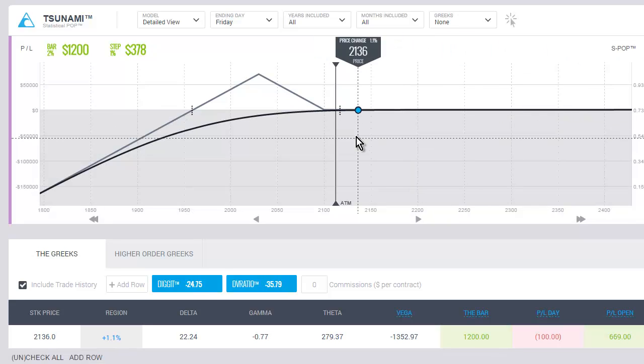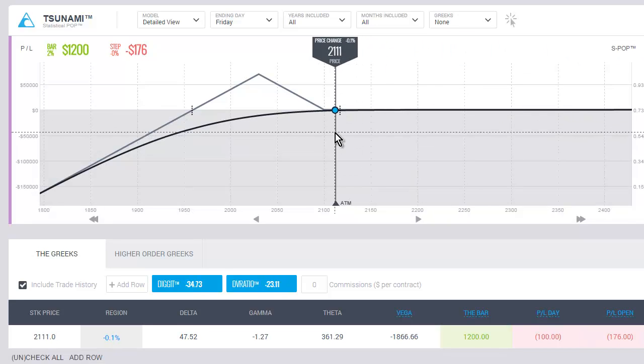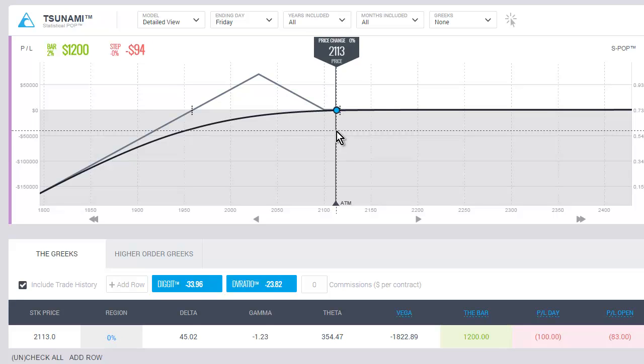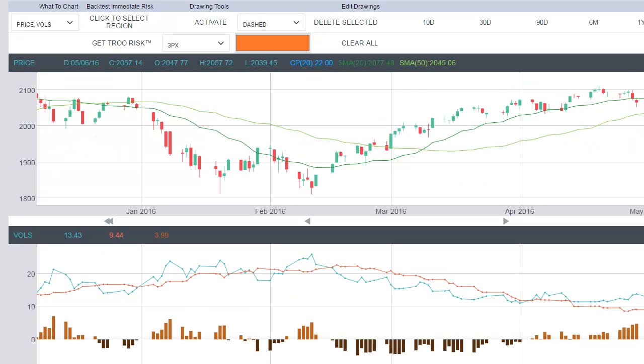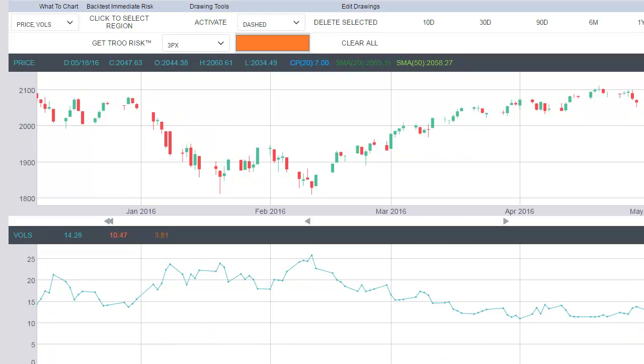So back here at the risk profile, the problem with the trade is the correlations of price to volatility. And let me jump over to the price chart. So as a student of volatility, you want to look at your implied volatility.